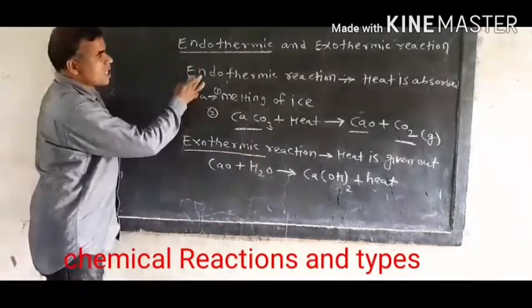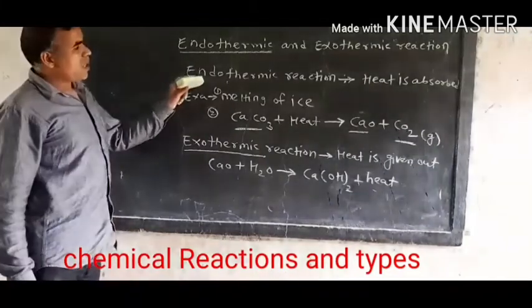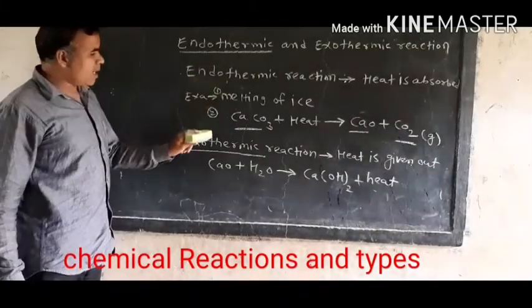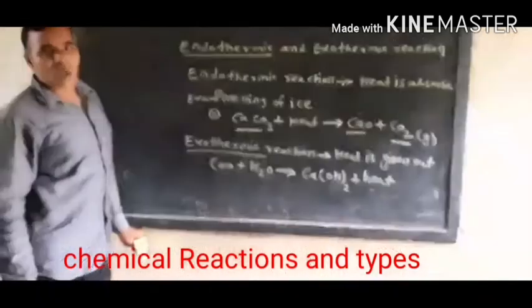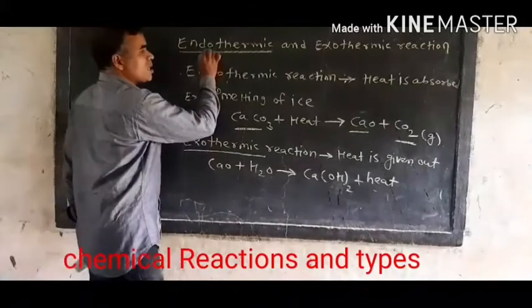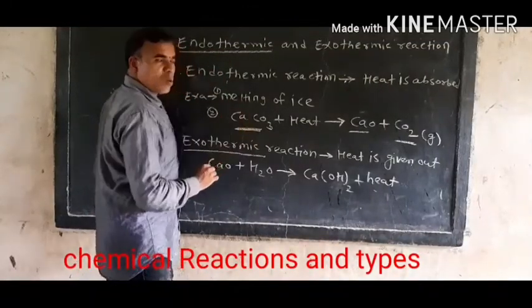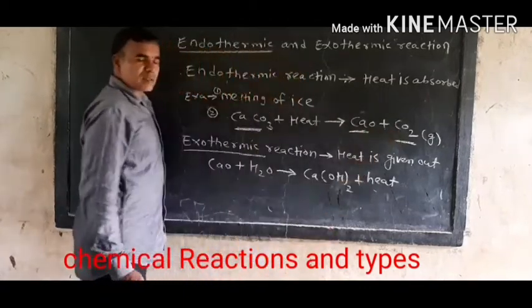So these are the two different reactions: in endothermic reaction heat is absorbed and in exothermic reaction heat is given out. Endothermic reaction चा example आपण म्हणता येईल calcium carbonate dissolved in water to get calcium oxide and carbon dioxide gas.